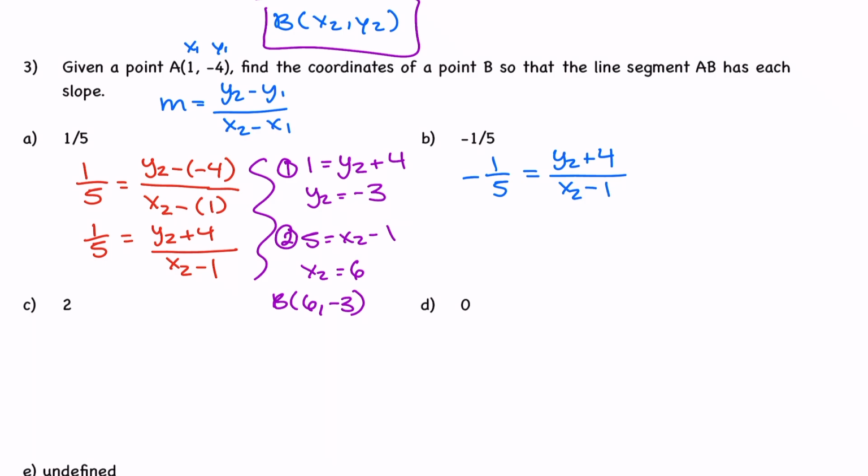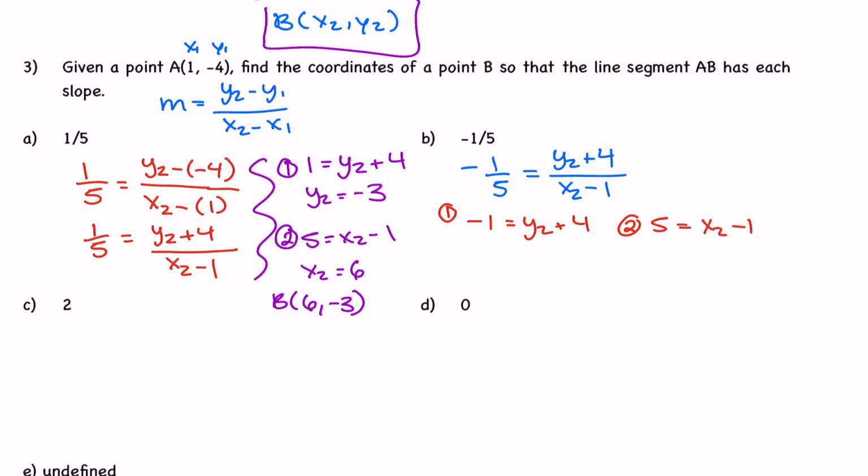So because of the laws of division, if this negative sign is either on the 1 or the 5, then this whole fraction becomes negative. So I'm just going to put it on the 1. So from that, we get our two equations, where our first one is negative 1 equals y2 plus 4, and our second one is 5 is equal to x2 minus 1.